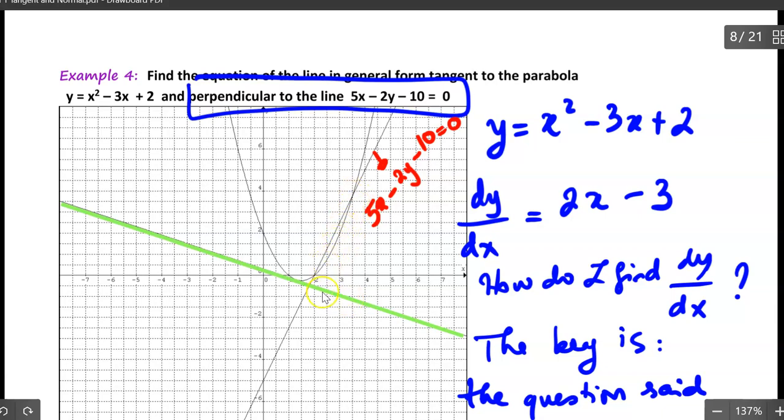It will be equal to the slope of this tangent. So what is the slope of this tangent? It's dy over dx. So from here, you can at least solve for dy over dx, right?